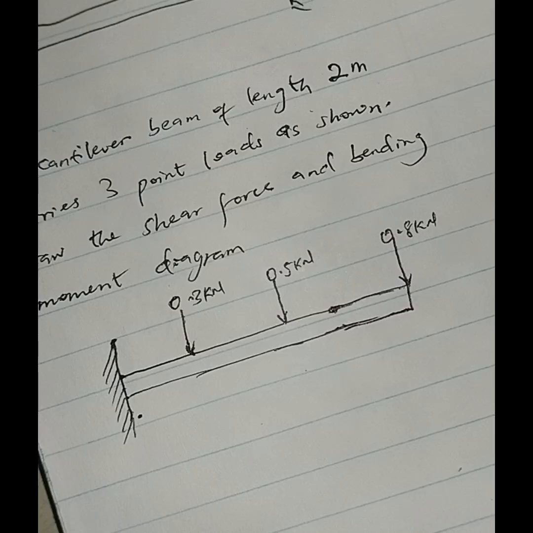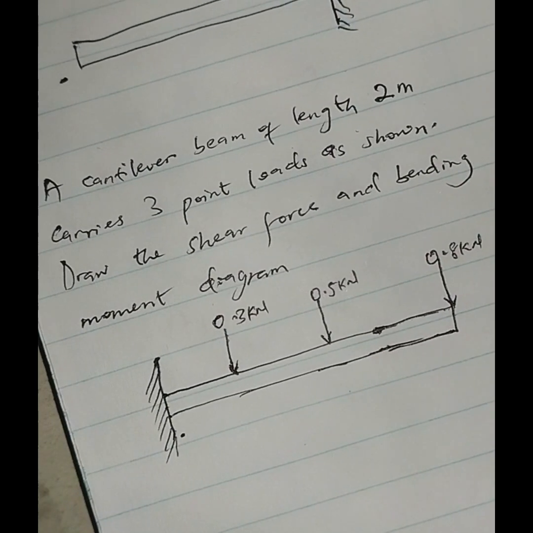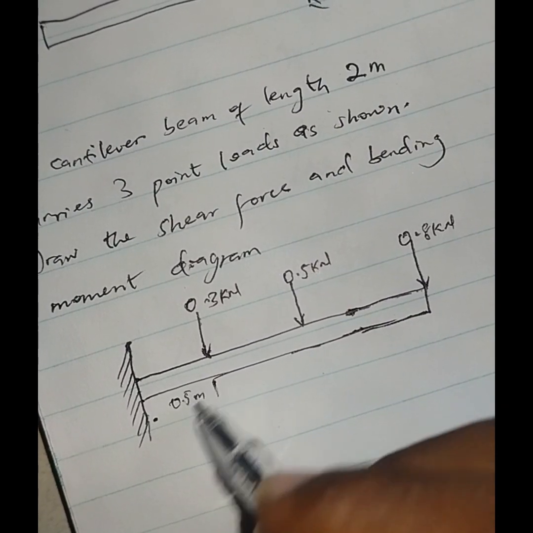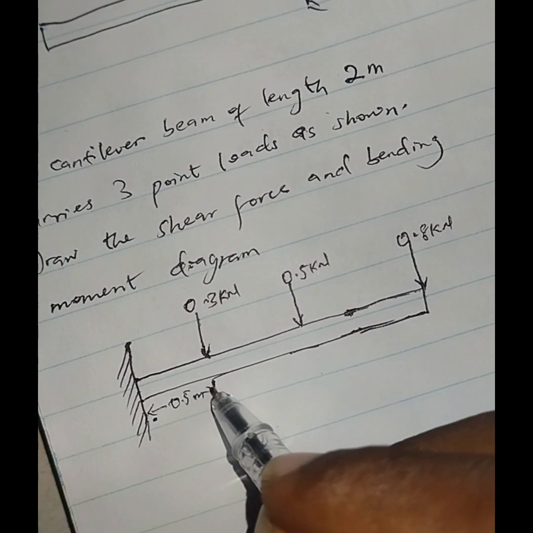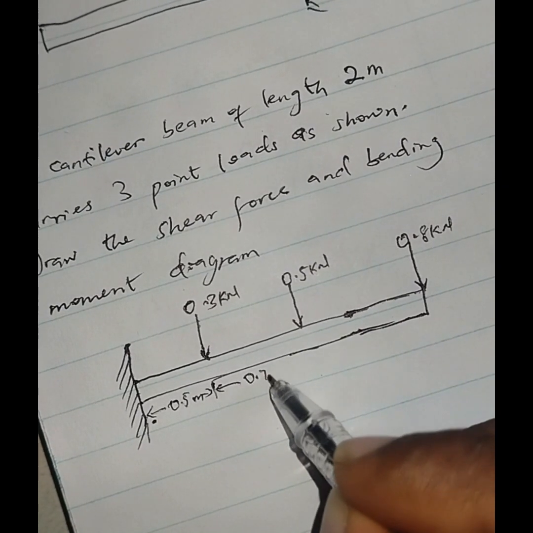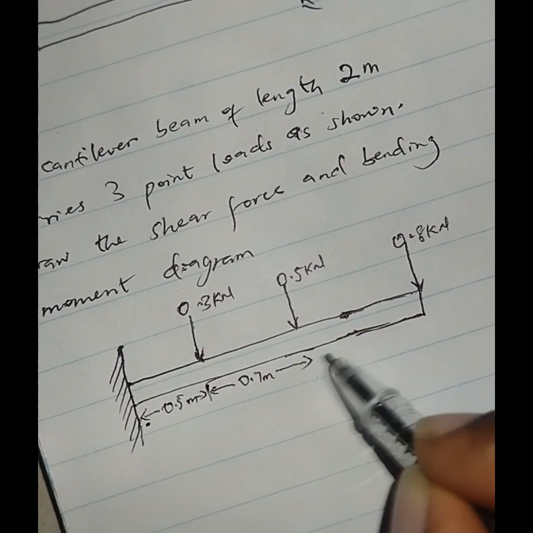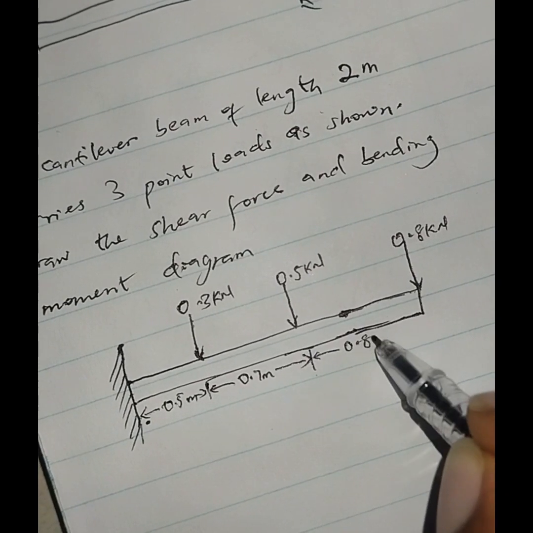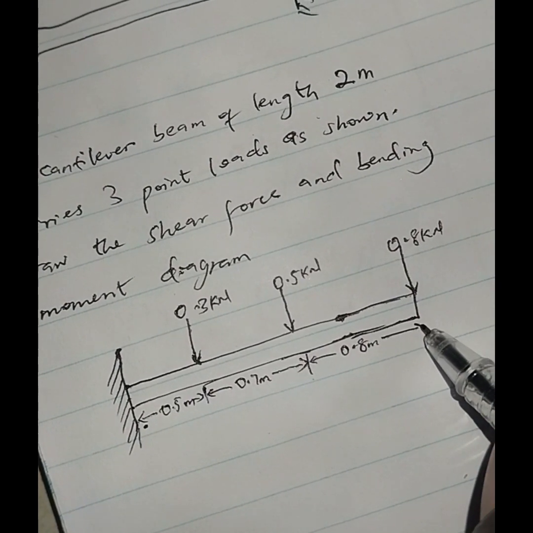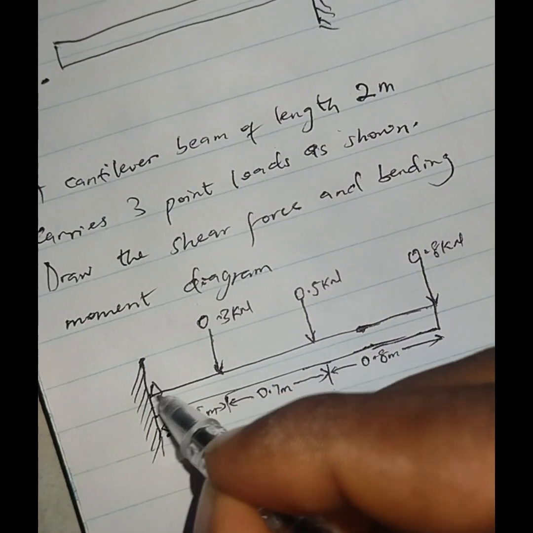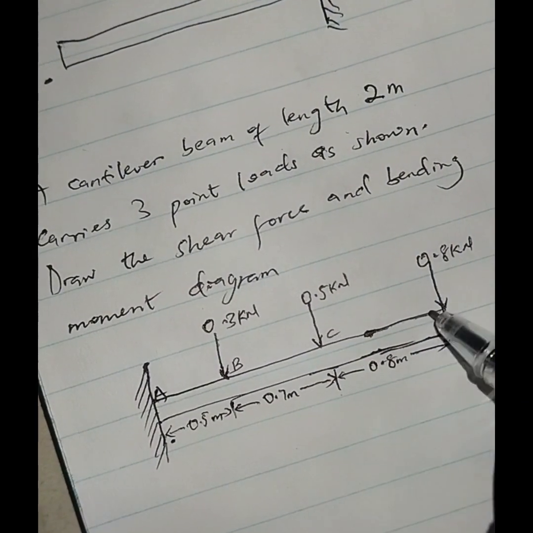They are spaced apart. From here to here is 0.5 meters. Then from here downward, we have 0.7 meters. Then downward, we have 0.8 meters. So now I like naming them, so you name them A, B, C, D.